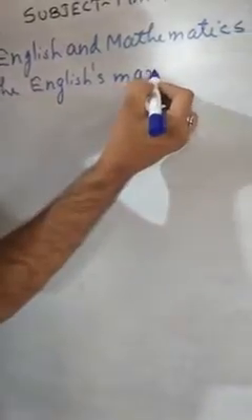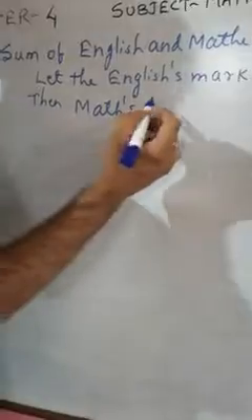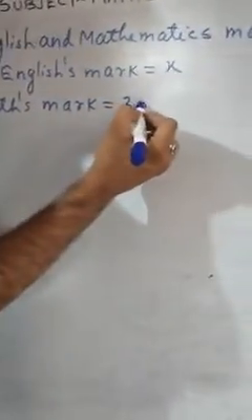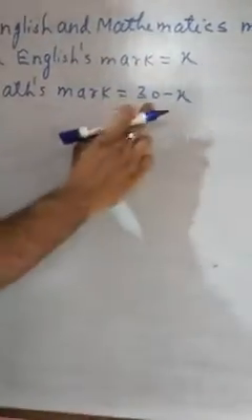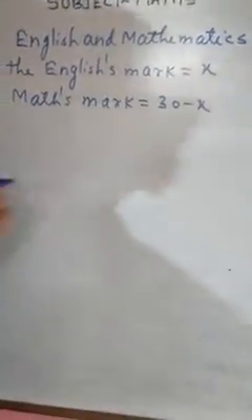If English marks is x, then maths marks will be 30 minus x. Why 30 minus x? Because when we add English and mathematics, the marks is 30, so if we subtract x from 30, we will get the mathematics marks.